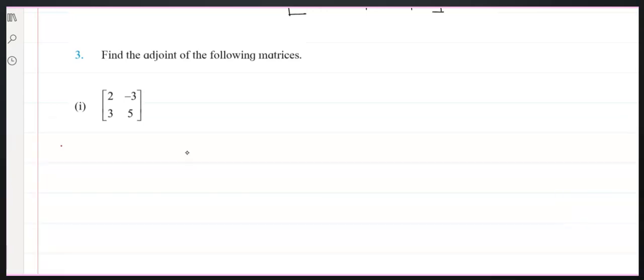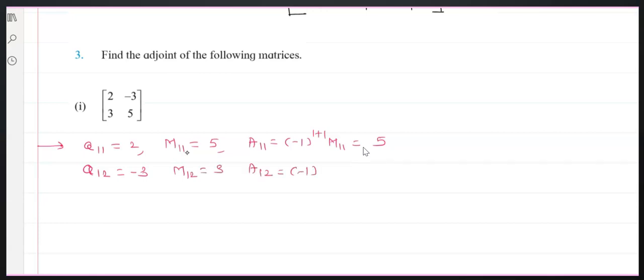Find the adjoint of the following matrices. Here A11 is 2, therefore M11 is 5, A11 is minus 1 raised to 1 plus 1, M11, that is equal to 5. A12 is minus 3, therefore M12 is 3. Therefore A12 is minus 1 raised to 1 plus 2, M12, which is equal to minus 3.